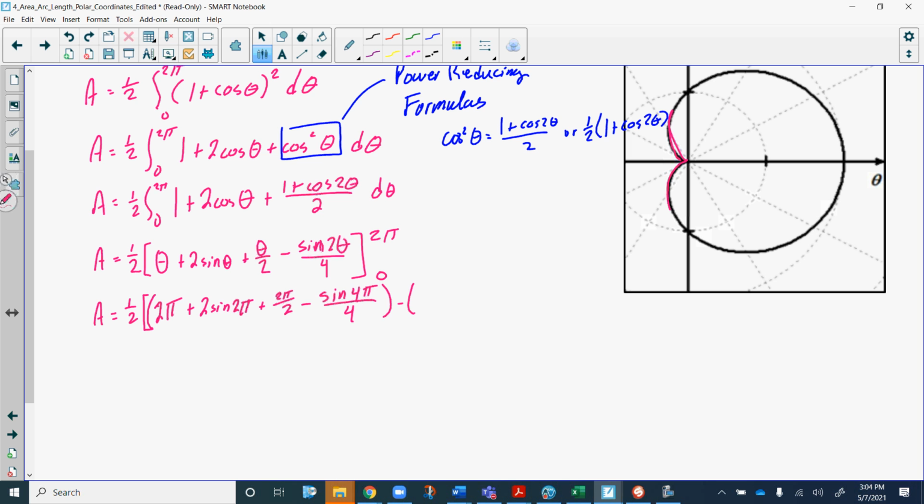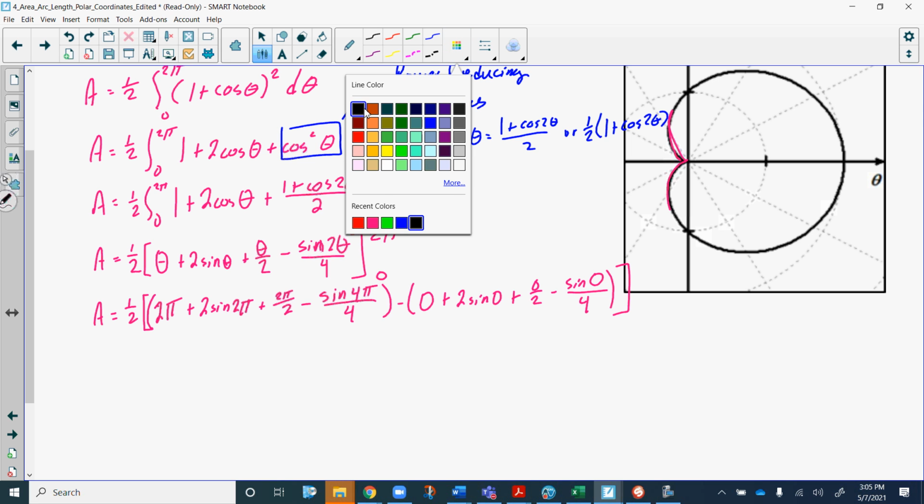And now I'm going to subtract the lower bound stuff, so 0 for just theta, plus 2 sine of 0, plus 0 over 2, minus sine of 2 times 0, so that would just be sine of 0, over 4. So there's the lower bound, and there's the upper bound minus the lower bound contained inside of the brackets.